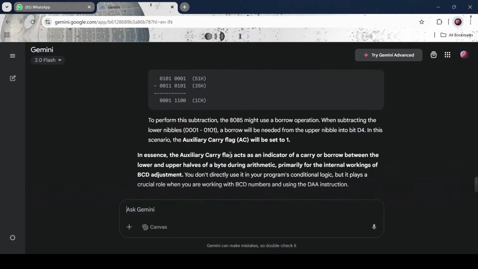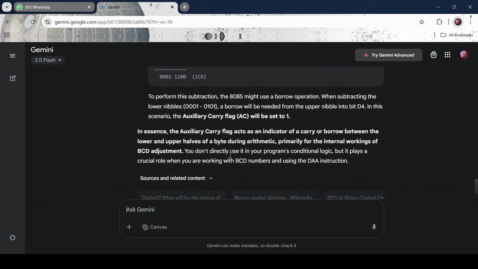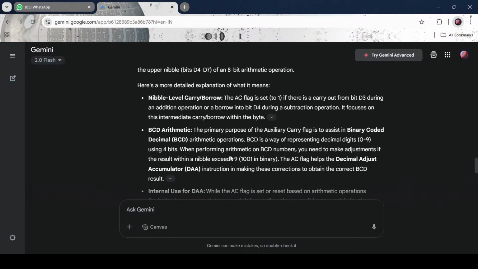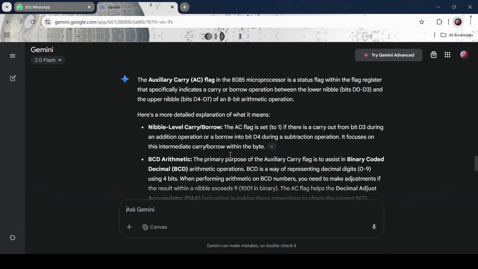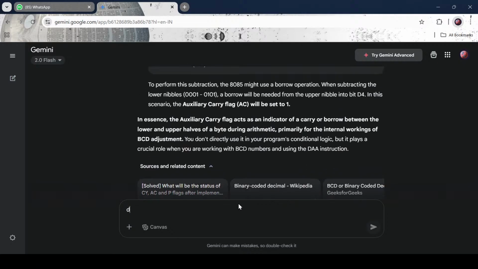Okay, so a borrow is only there then. What is the difference between the AC flag and the carry flag?